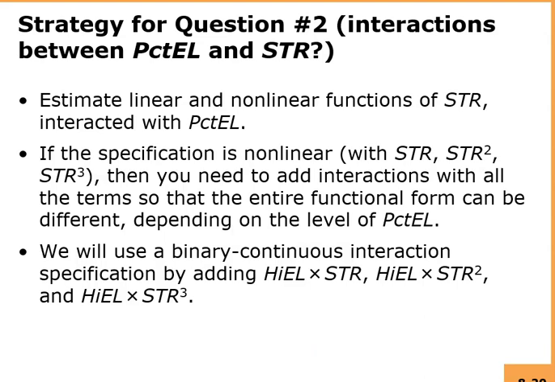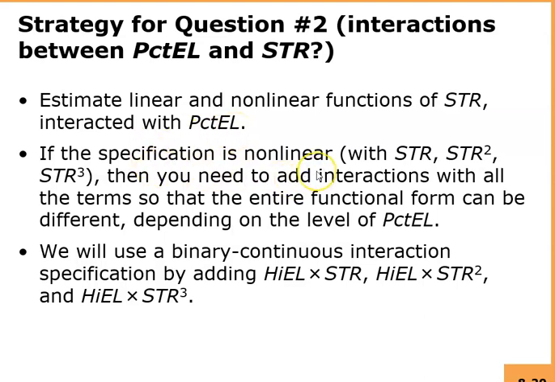So how do we answer the second question, in which you are trying to see whether the relationship between student-teacher ratio and test scores depends on different values of the percentage of English learners in the classroom? For that, you will need to introduce an interaction term between student-teacher ratio and percentage of English learners.